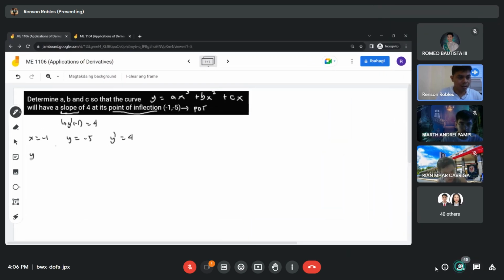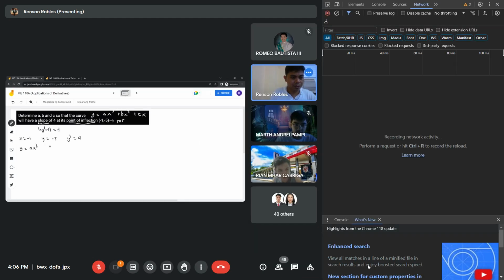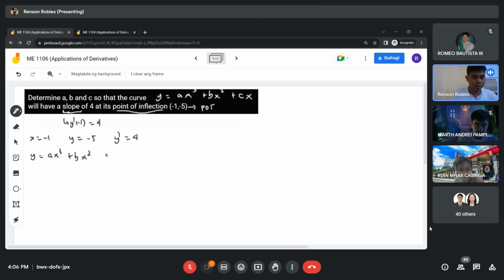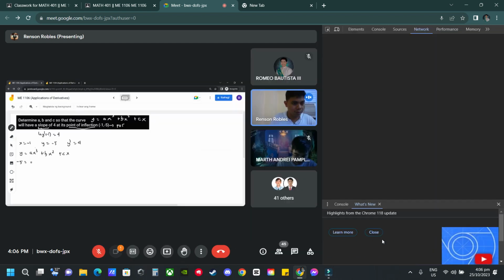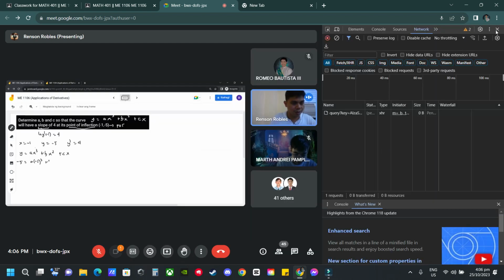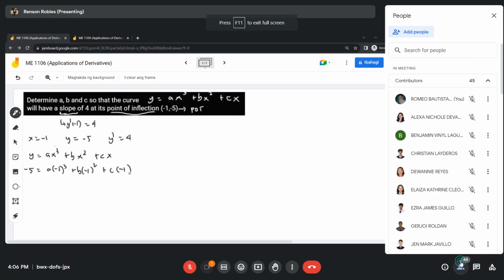And then you have y equals ax cubed plus bx squared plus cx. Okay? Then when x is -1, y is -5. Y equals a times -1 cubed plus b times -1 squared plus c times -1.